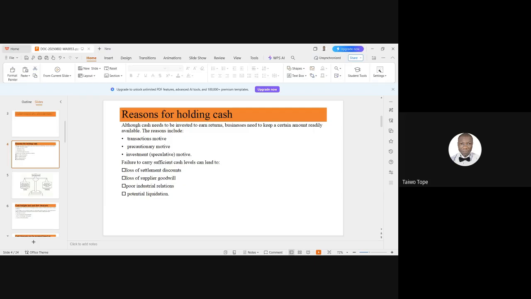You can lose your goodwill because you don't have enough money to meet up with obligations that you entered into some period ago. And when it is time for settlements, there is no money to meet up with that.